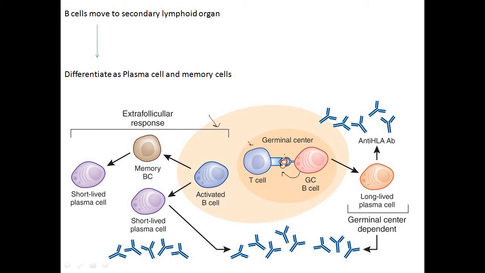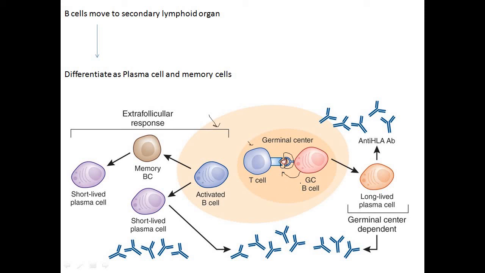All these events lead to a change in the sequence of the antibody region, which will enhance the affinity of the antibody towards the antigen. So only those B cells are selected that have a much higher affinity than the previous one for this antigen.